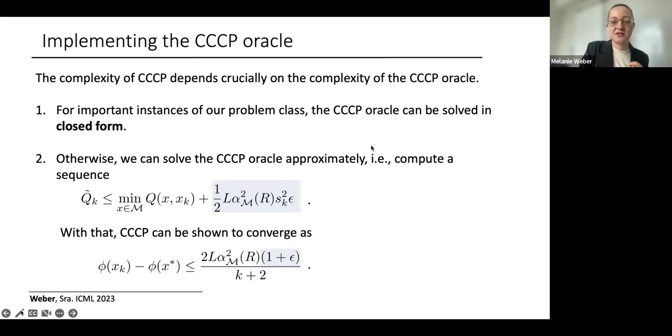And then the size of the term is characterized by an epsilon here, and that epsilon factors into our convergence rate as a constant. And again here, as long as we find a good approximation to the solution of the CCCP Oracle, then that doesn't slow our convergence down very much, and we still converge at a not much worse sublinear rate than we would have with an exact solution.